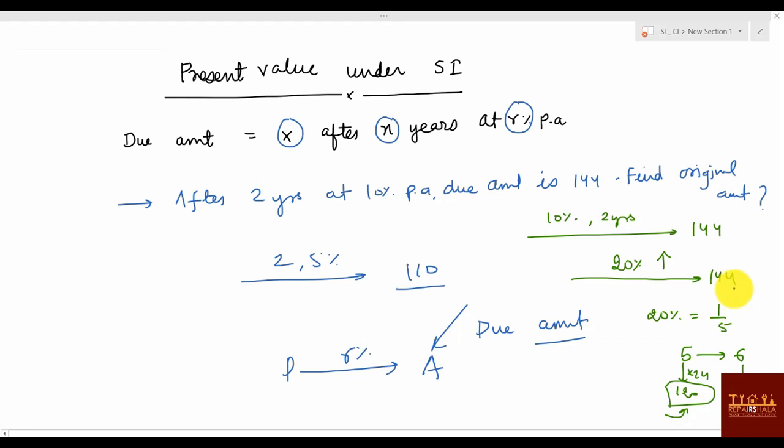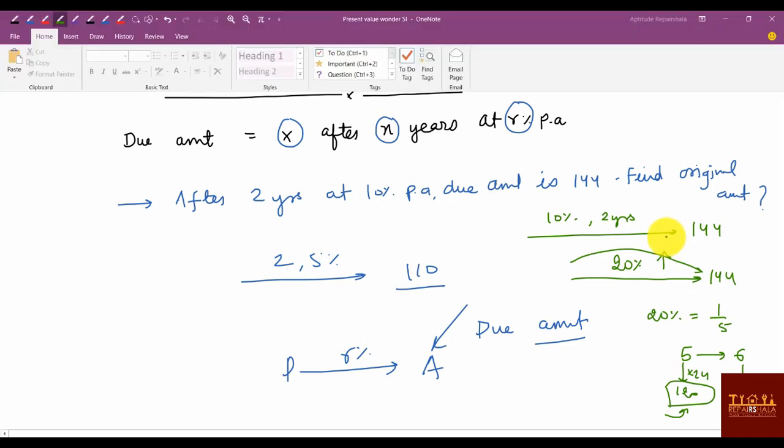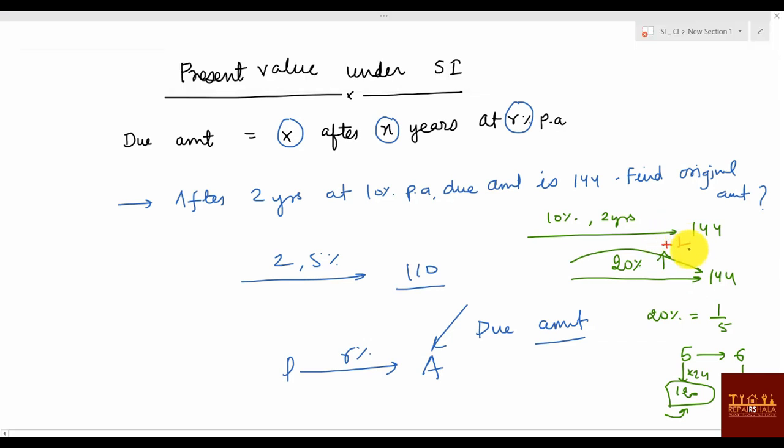Another way, as I already told you, you can apply the constant product ratio. From here to here, how much change is happening? Plus 1 by 5. So from here to here, how much change should happen? Minus 1 by 6. So minus 1 by 6 will give 120. Remember, this is the third structure in percentage that I told you.